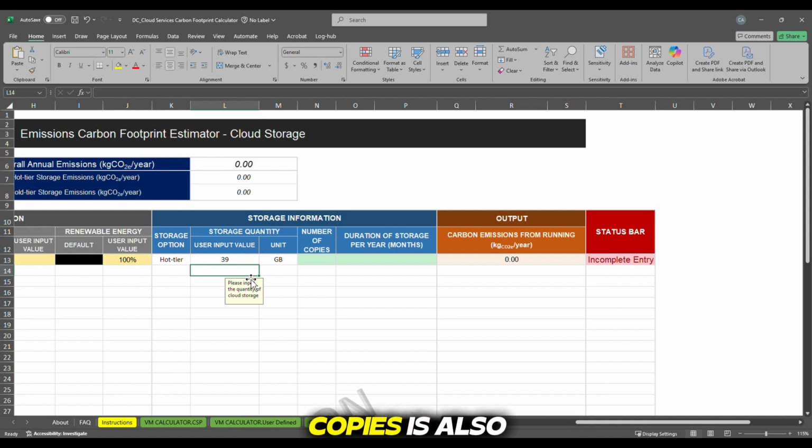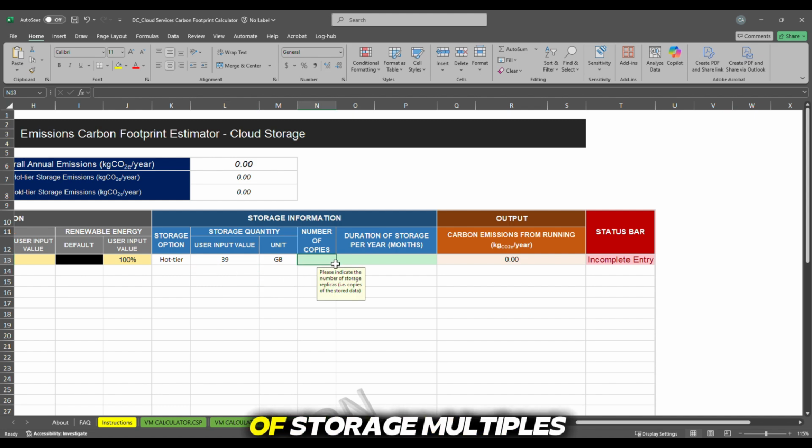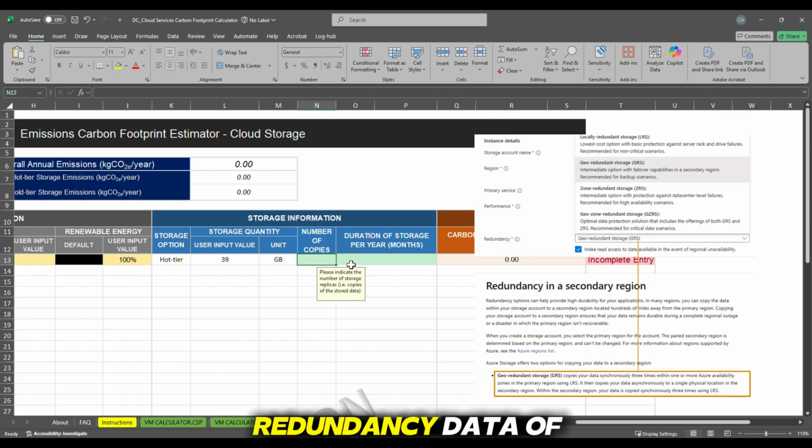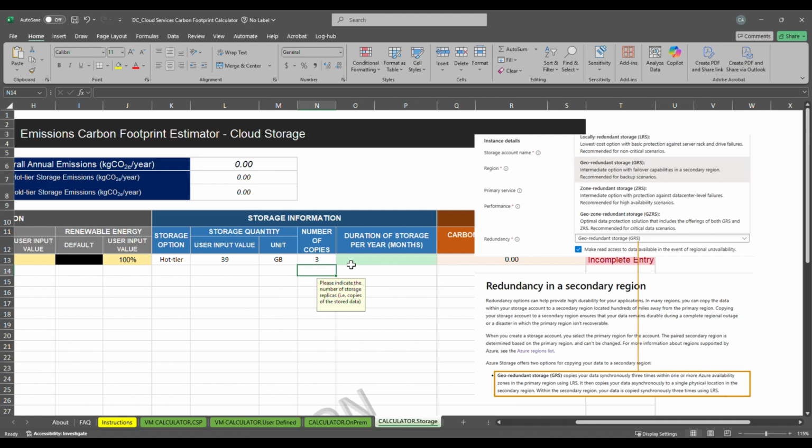The number of copies is also a critical factor, since the emission of storage multiplies linearly with the number of storage copies the user has requested. This data usually falls under the redundancy data of the CSP. CSPs provide redundancy to data by having multiple copies of that data in a certain region, and sometimes having another set of multiple copies in another region.